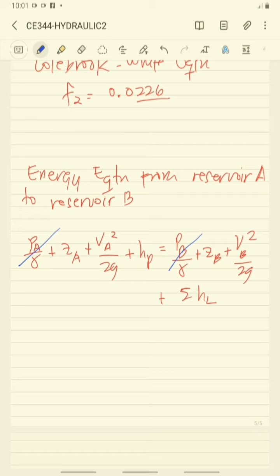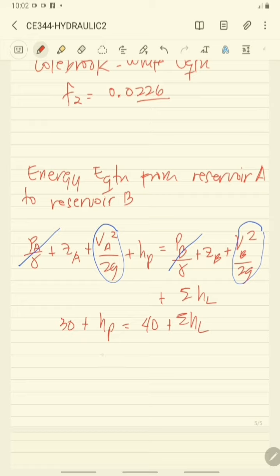Now we have to write, since the elevation at A is 30, plus the HP, and 40 for the elevation of reservoir B, equals the summation of head loss.